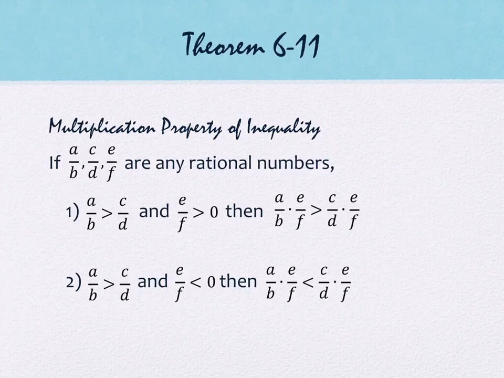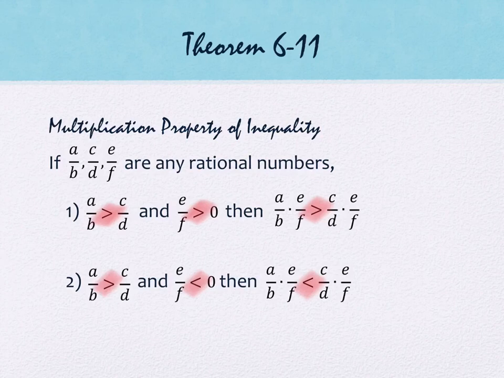But if you multiply a over b and c over d by a negative number, the direction of the inequality changes. So you see here, this one was greater than, you're multiplying by a positive, the direction stays the same. This one's greater than, but you're multiplying by a negative. The direction of the inequality changes.